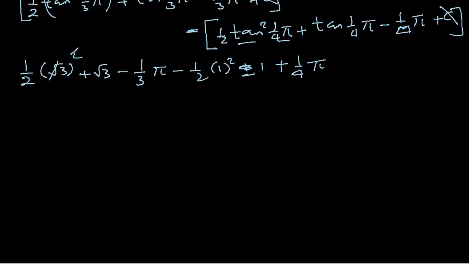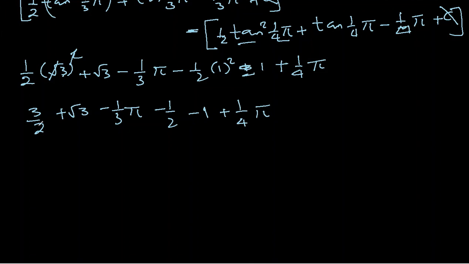3 square root and square cancel, so it will be 3 over 2. Then plus square root 3 minus 1 over 3 pi minus half plus 1, sorry, not plus 1, minus 1, plus 1 over 4 pi. 3 over 2 minus half is 1, and minus 1 will be 0.